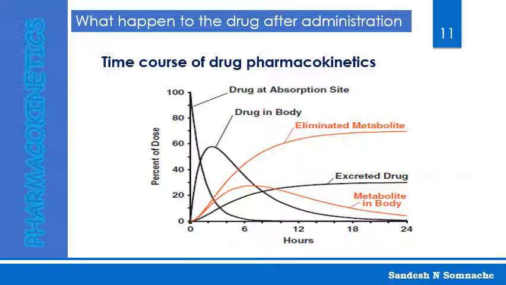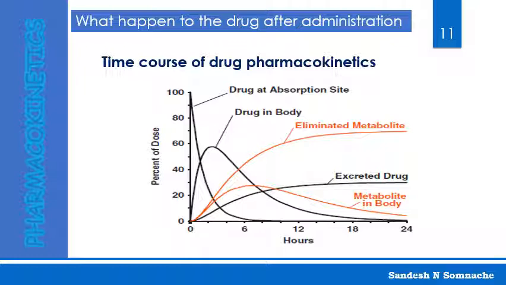Third one is eliminated metabolites. Metabolites are obtained after biotransformation of the drug. So initially the amount of metabolites is low and then goes on increasing, then the drug is excreted through the excretory organ. Initially the amount of drug is less in the body, so excretion is less.